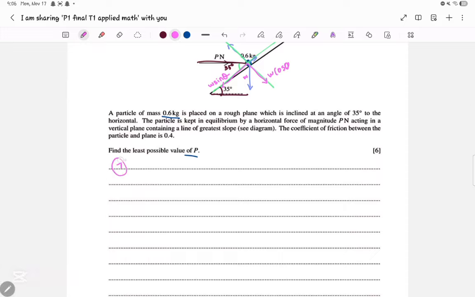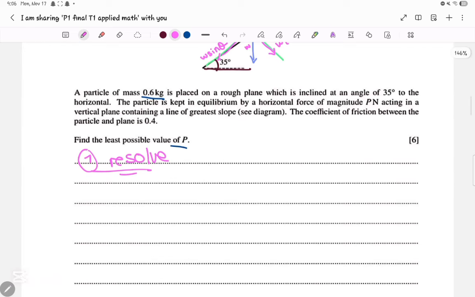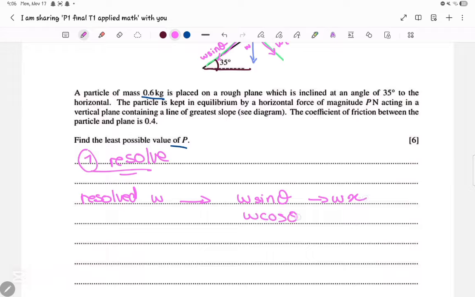First step, we are going to resolve. We resolved W: W became W sine theta, this is Wx, and W cosine theta, this is Wy.